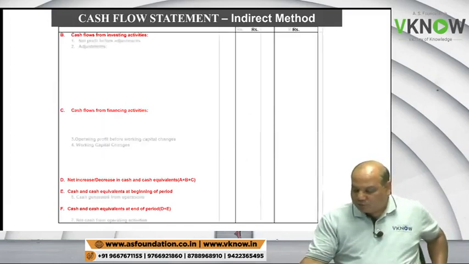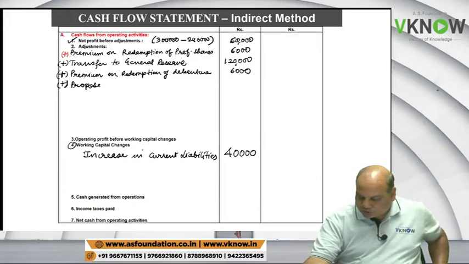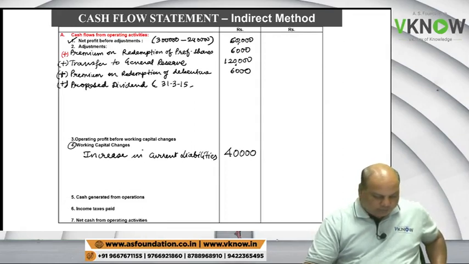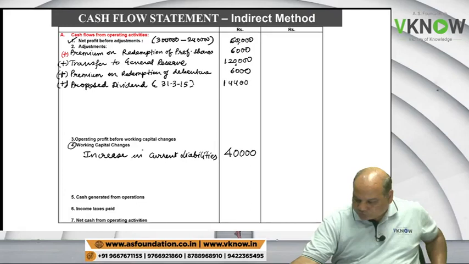And the provision for dividend made, add in adjustment: add proposed dividend in bracket for the year ended 31st March 15, and this amount is 1,44,000, add back.